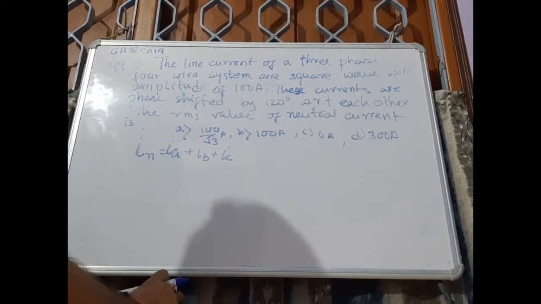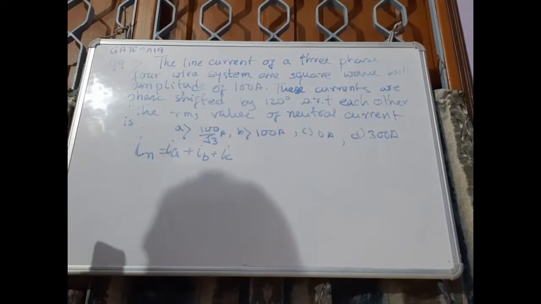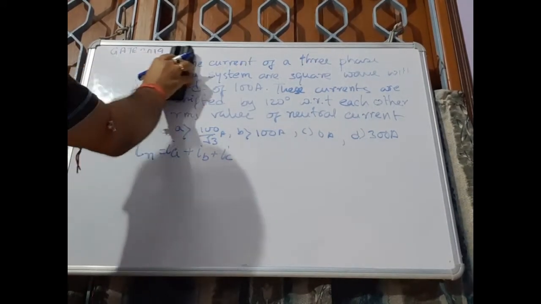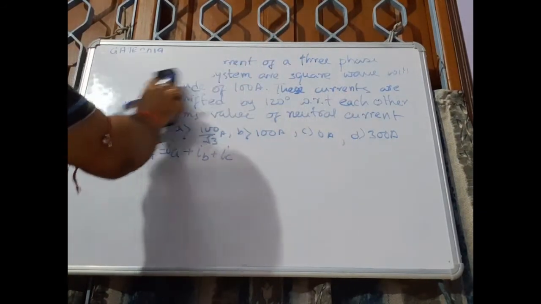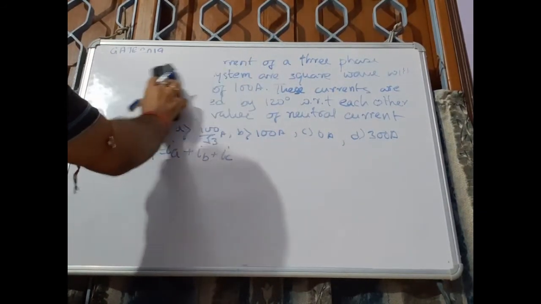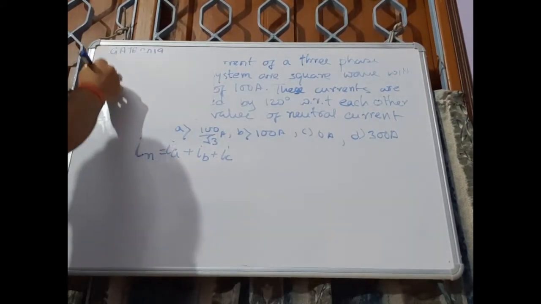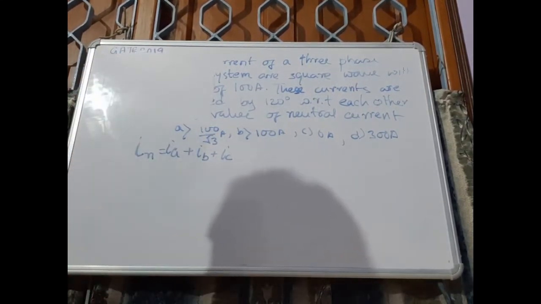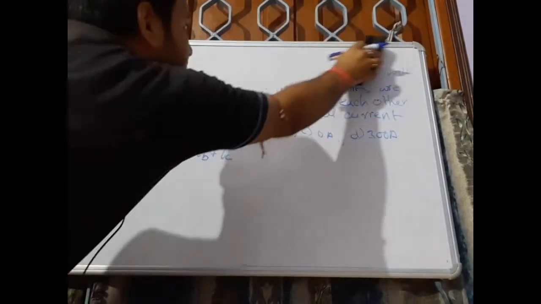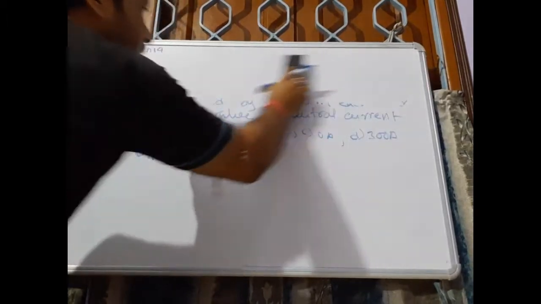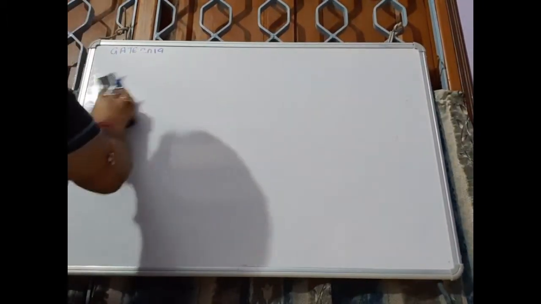Now if I plot these three phase currents, these currents are square waves and magnitudes are 100. I need to erase the whole thing because this requires a considerable amount of space on the board.